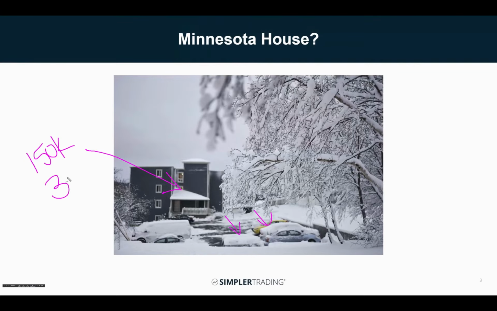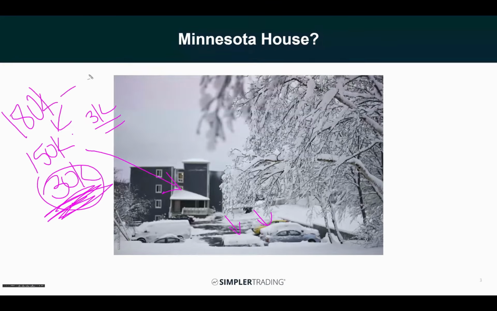So I needed $30K for a down payment. At that point, I'd been trading pretty consistently, making about $3K a week. And I just thought, gosh, I really don't want to take money out of my trading account. I'm going to do a big trade. I'm going to make $30,000, so my trading account will go to $180,000. I'll take out the 30, and I'll still have my $150K. I'll make my $3K a week, and I'll quit my damn job.